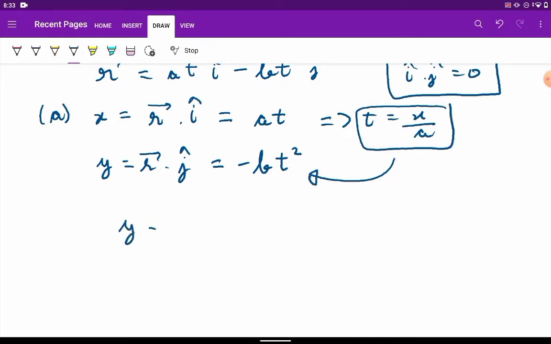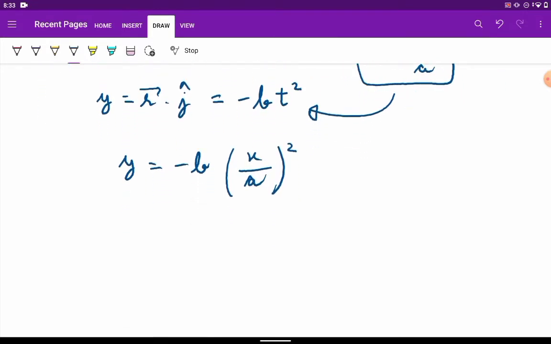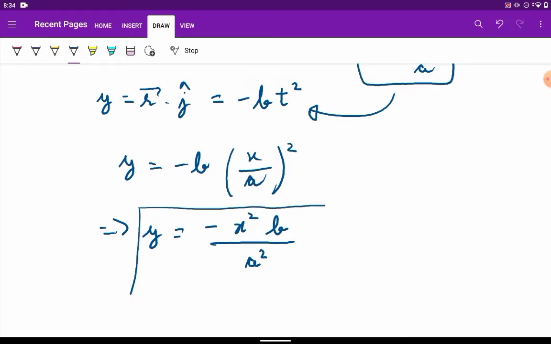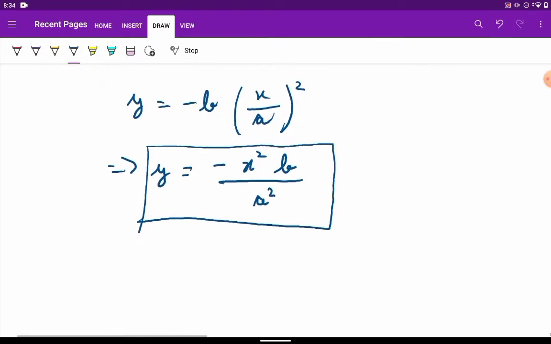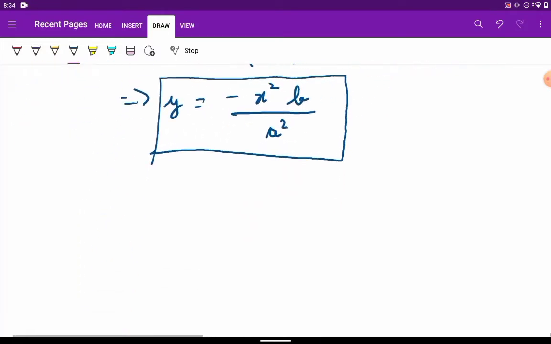This becomes y = −b times t², where t = x/a, so y = −b(x/a)². So y = −(b/a²)x². Simple. Okay, first part's done. Now of course you can plot this.